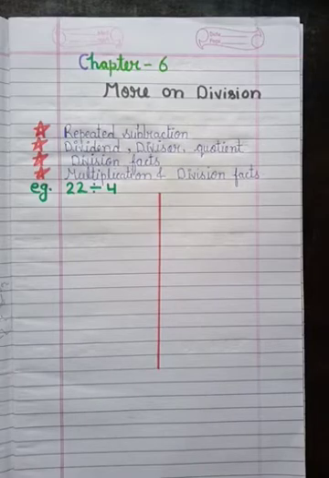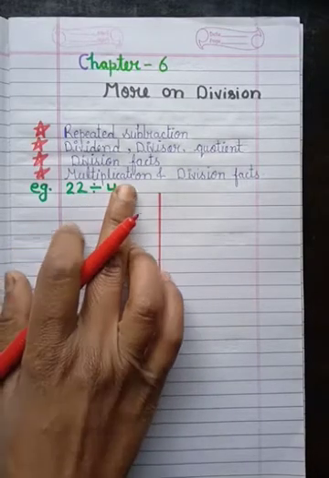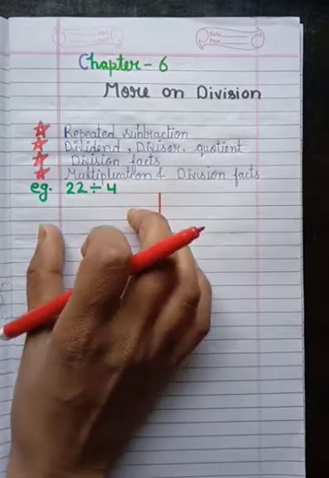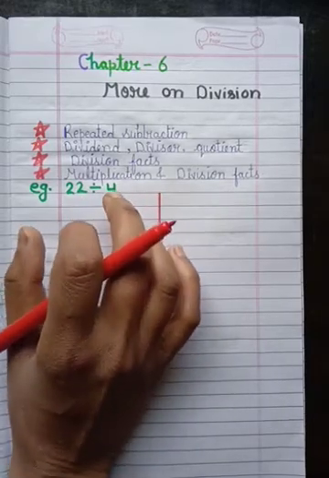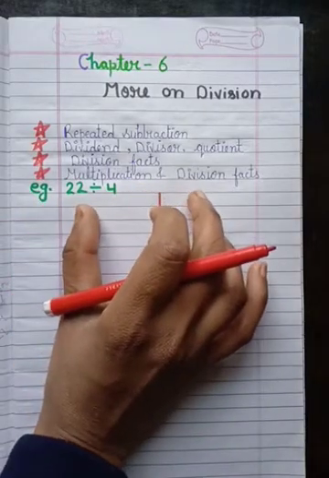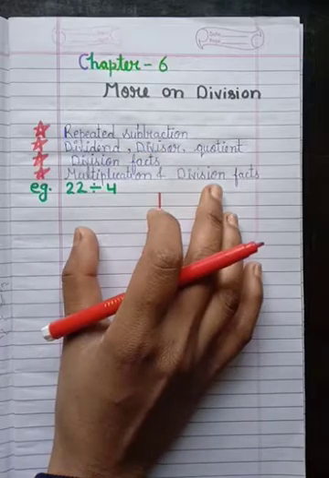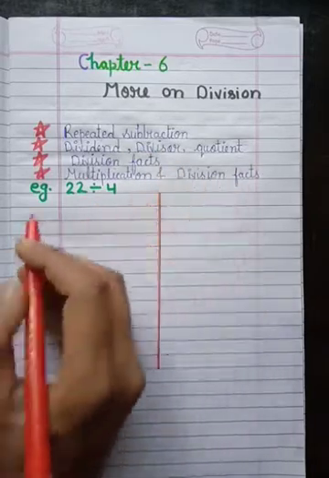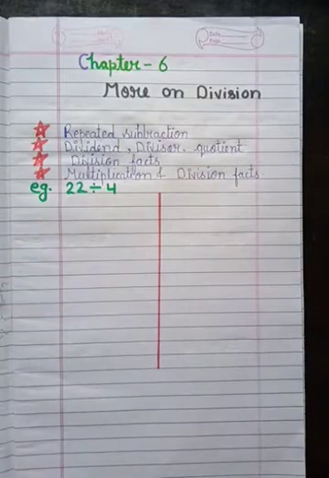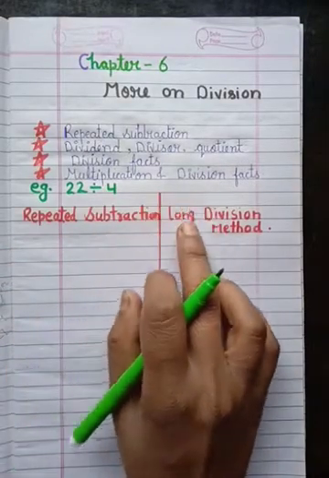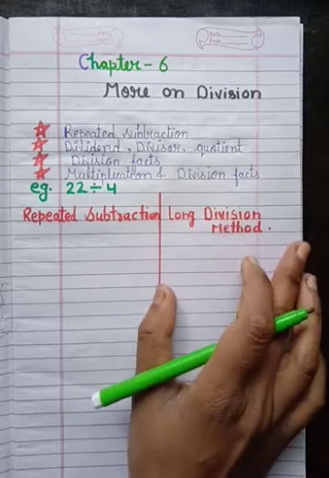Now we have this question, 22 divided by 4. We have two methods to solve it which we have learned already: repeated subtraction, and the long division method.